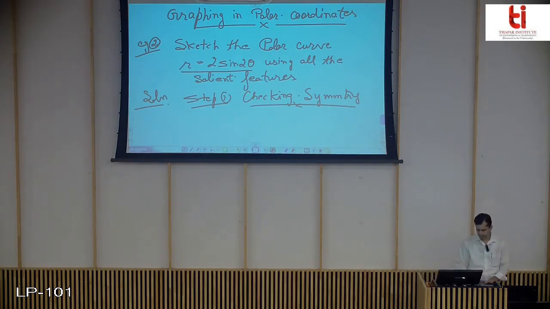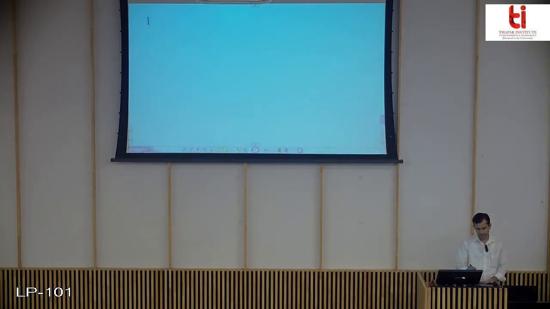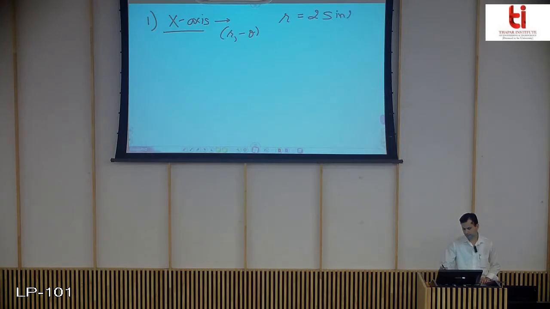So here we first check symmetry about the x-axis. For this, I am first taking the point (r, minus theta). The curve is r equals 2 sine 2 theta. We put the point in the curve and see whether the curve remains unchanged or not.